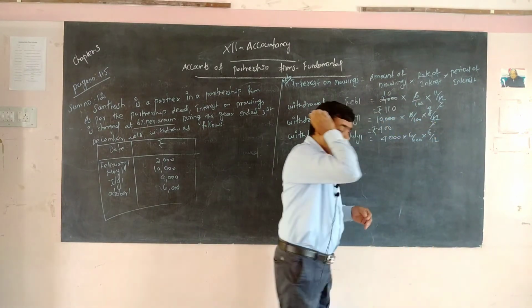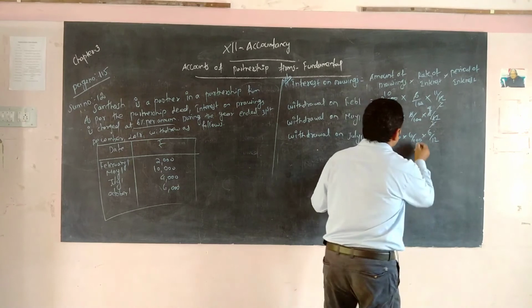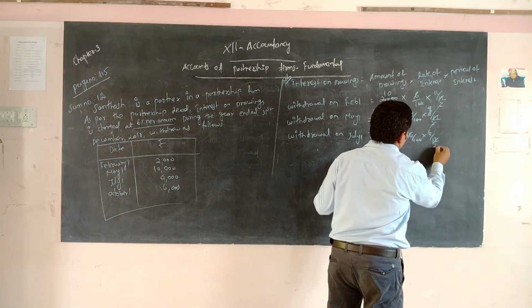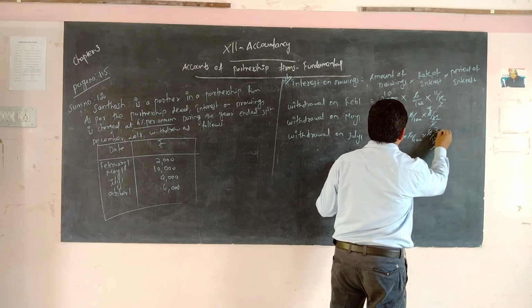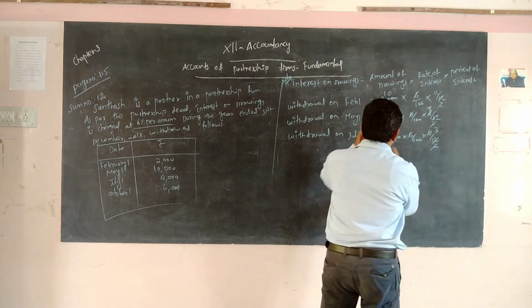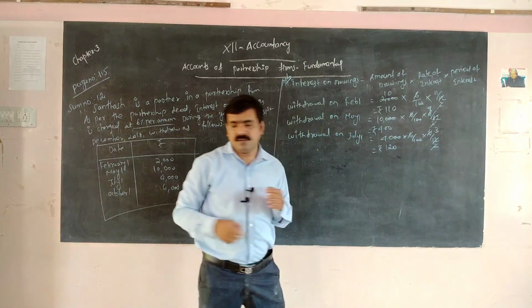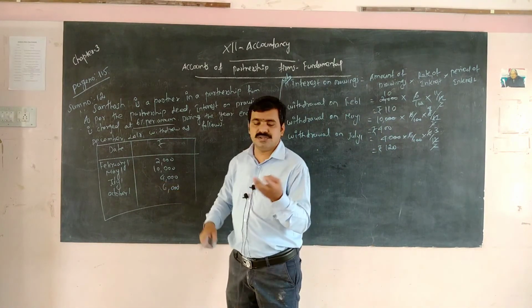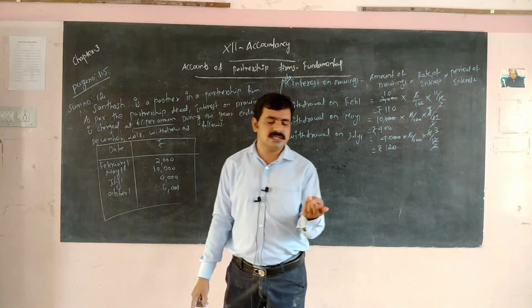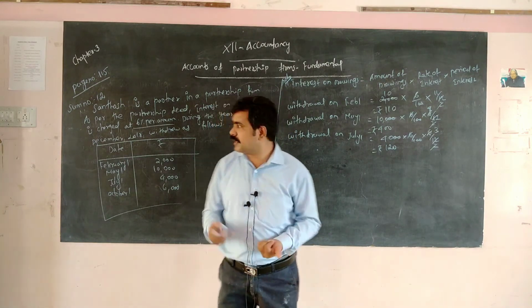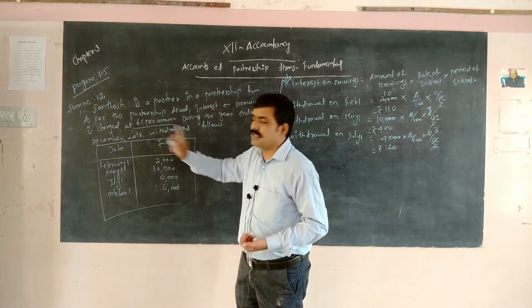So here the amount is 120. How did you calculate the months? July, August, September, October, November, December. The ending month is December.